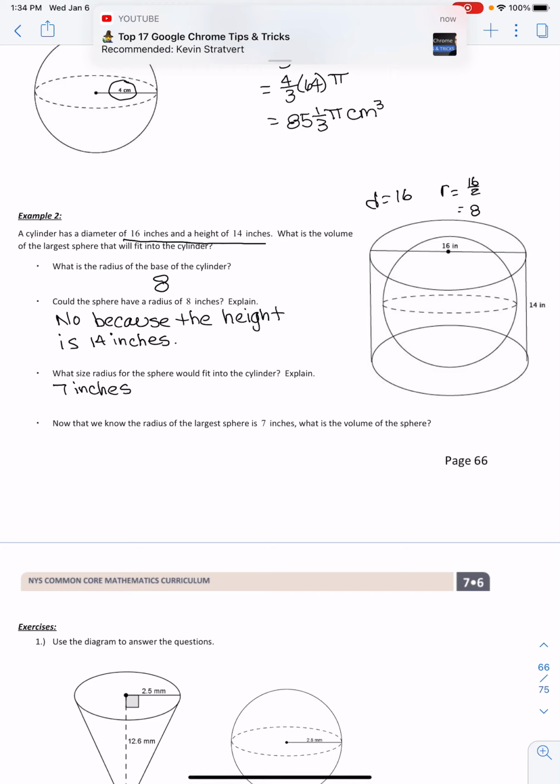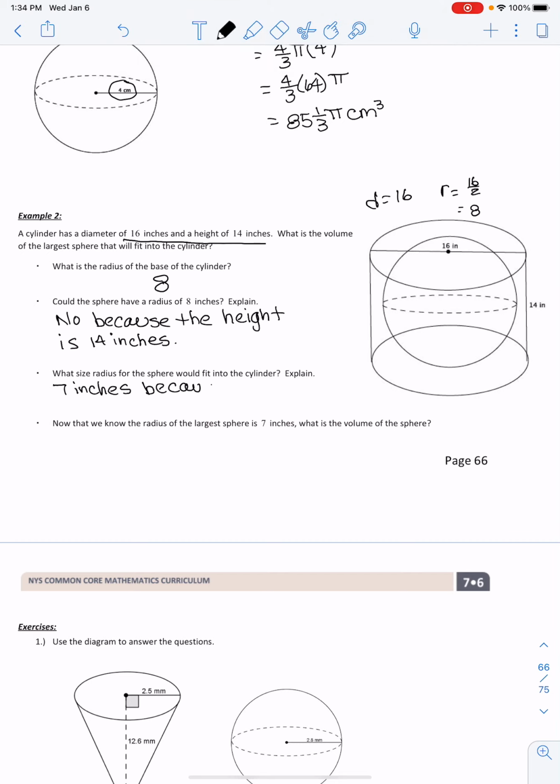And that's because the diameter would be 14 inches.